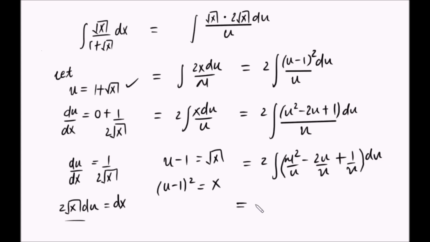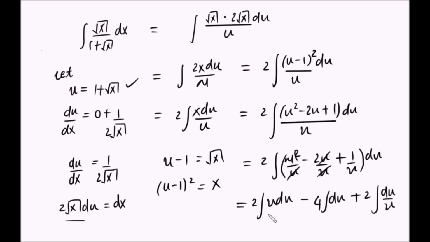So this is just, I integrate u because here I remain with u with respect to u, minus, this is 2 times 2, this is 4, so integrate 1 with respect to u, and plus 2, we integrate this 1 over u with respect to u.